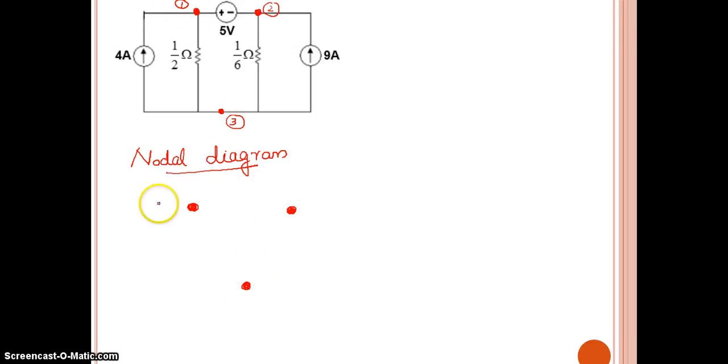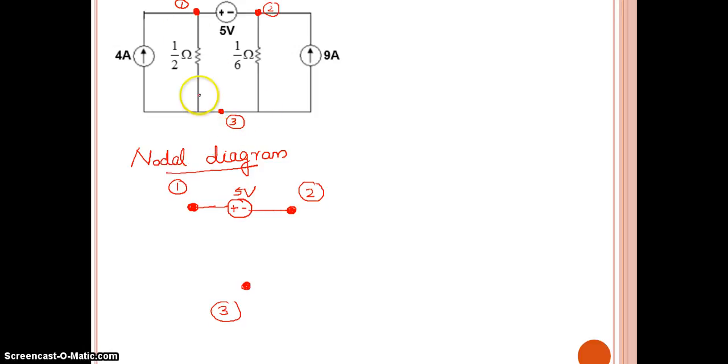Between node 1 and 2 you have a 5 volt source, plus minus 5 volt.